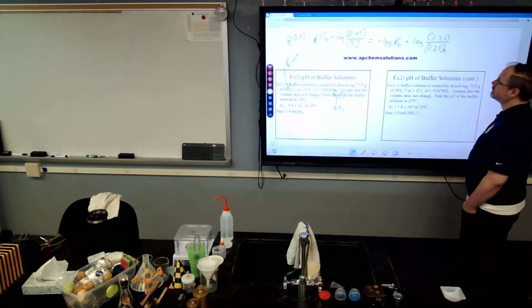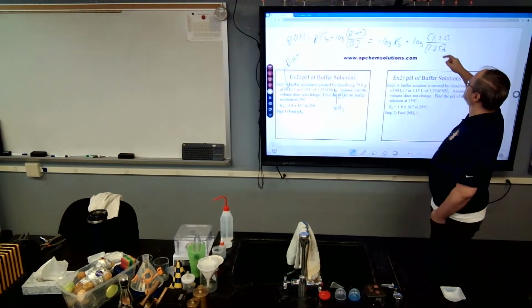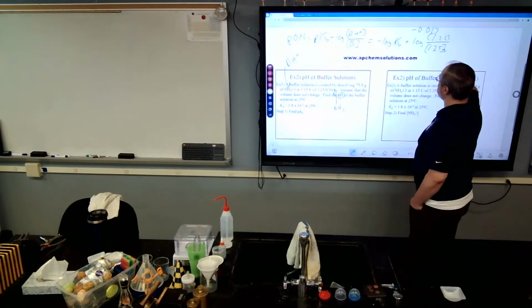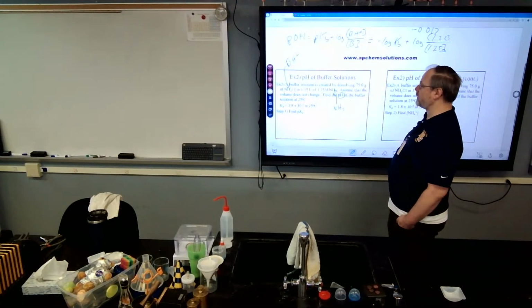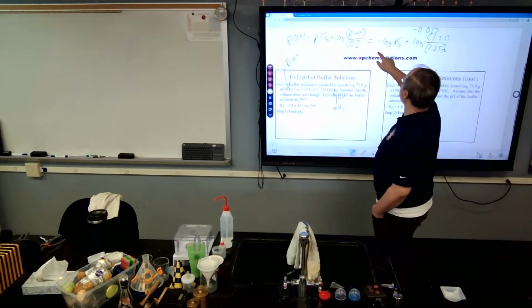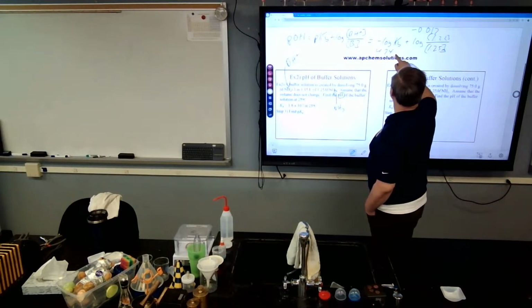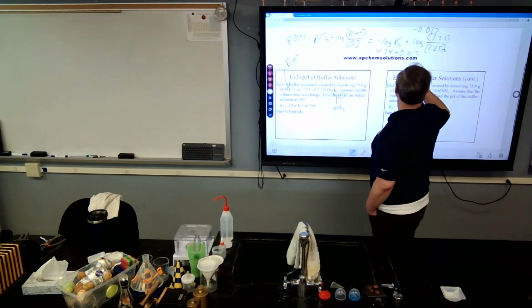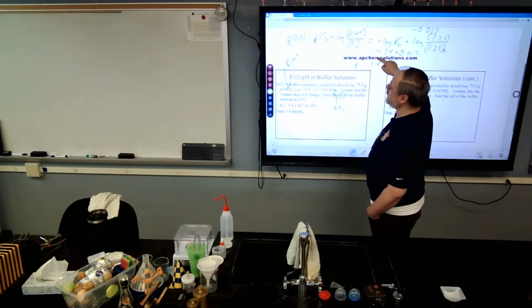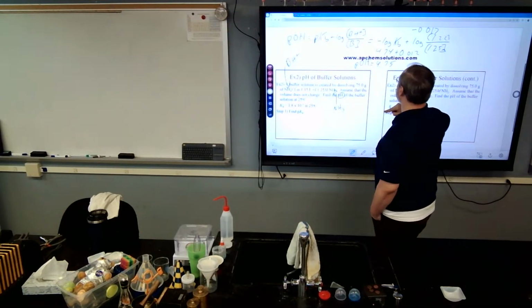Negative 0.01 for that logarithm. Negative 0.012, I guess it was. All right. And the negative logarithm of 1.8 times 10 to the negative 5, you say it was 4.74? Yeah. Okay, so this is 4.74 plus 0.012. So 4.75 is the pKb, which is equal to the pOH in this case.